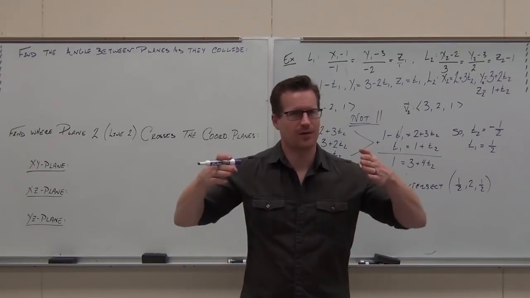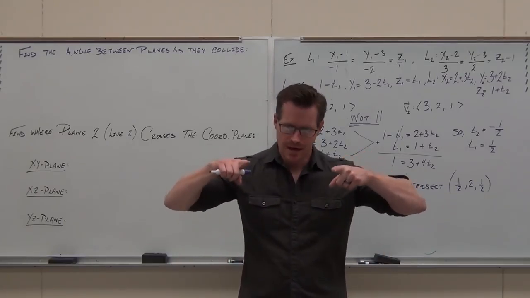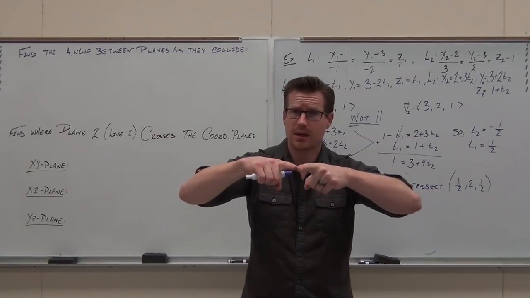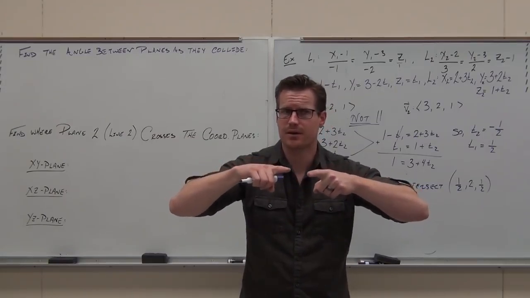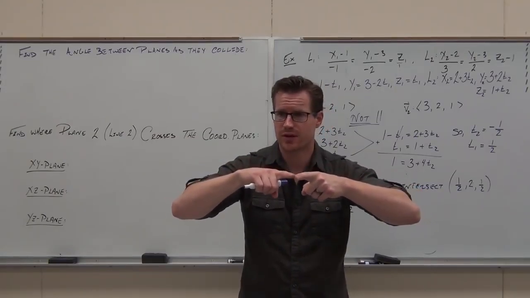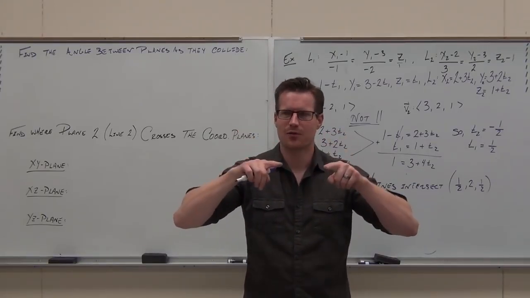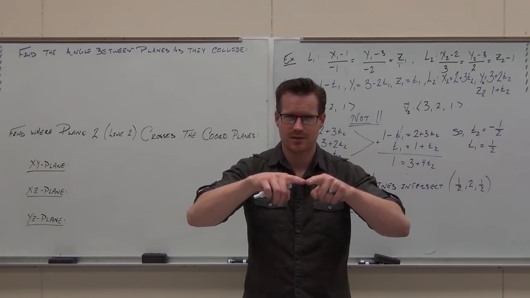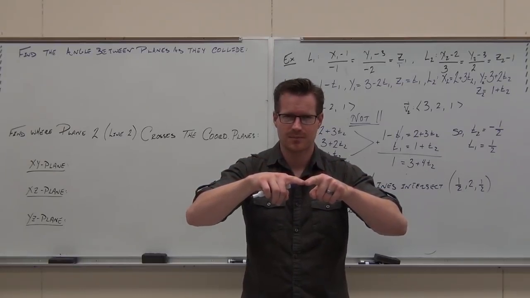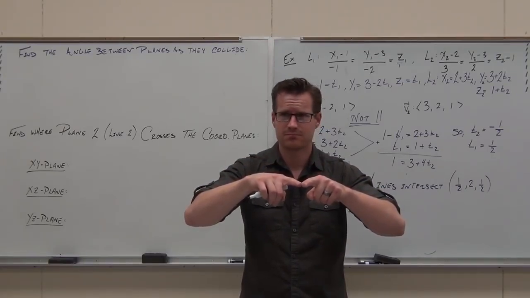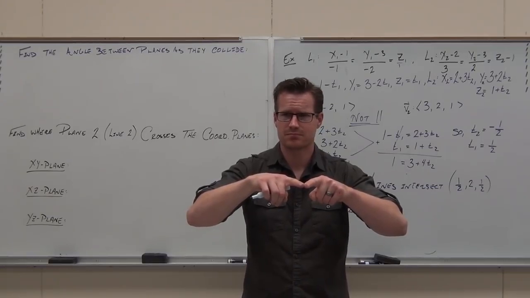How can we find that? Okay, think about it. How can we find the angle between lines? Lines are given by their direction vectors. How can we find the angle between two lines? Come on, put it together. How can we find the angle between two lines?